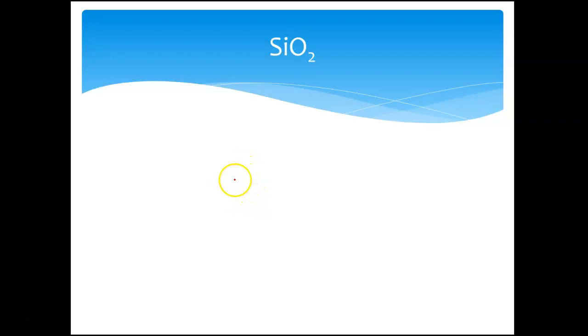We have silicon dioxide. We'll be discussing how to actually name these chemicals in our class after this. So for silicon dioxide, I always start with the least electronegative, so I'll start with silicon. Silicon has 4 valence electrons. Oxygen has 6. All right, and remember, we're always building on the least electronegative chemical, so that's silicon.